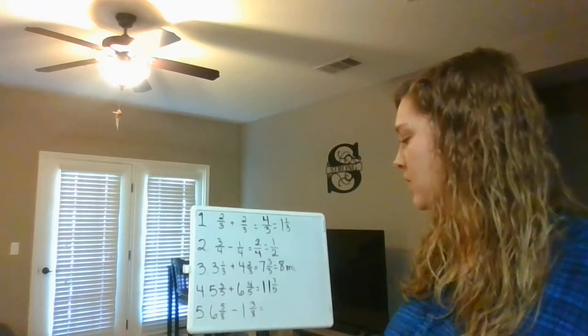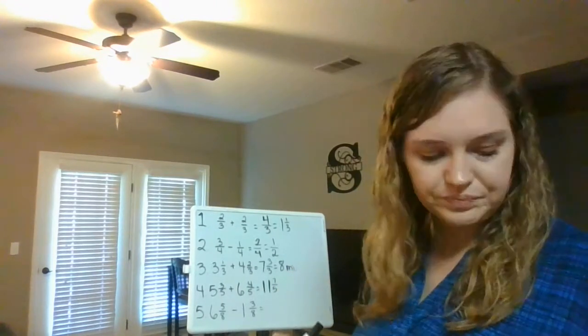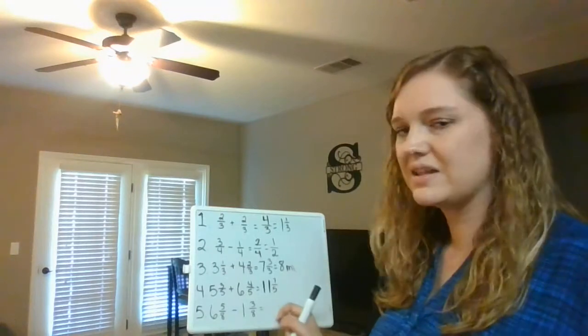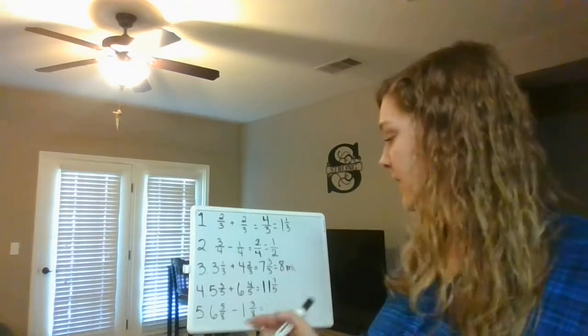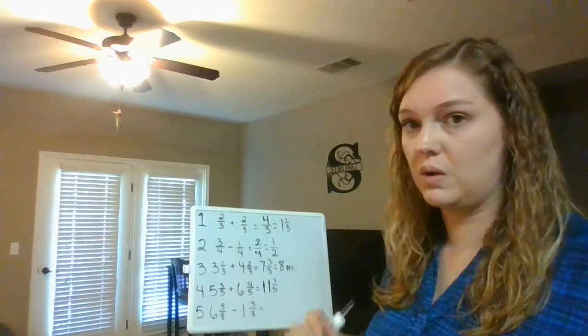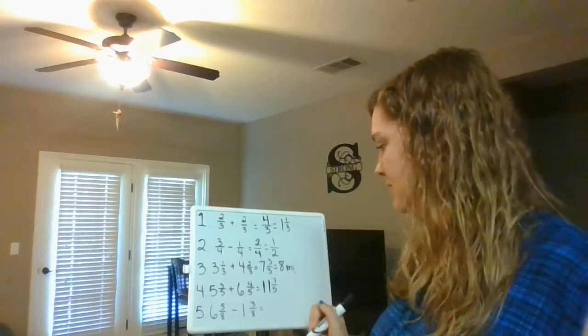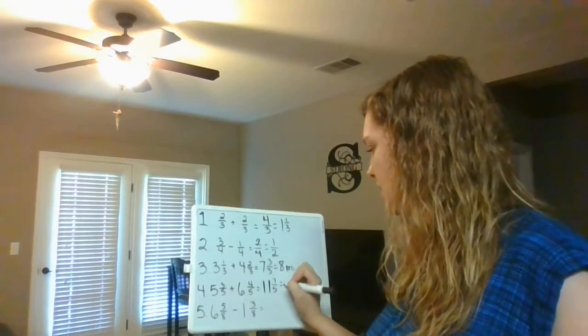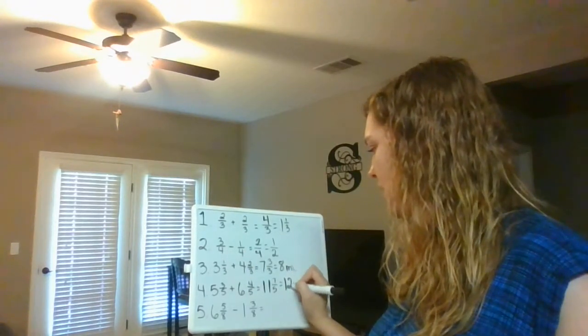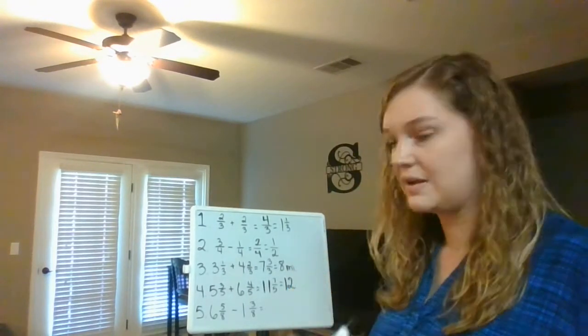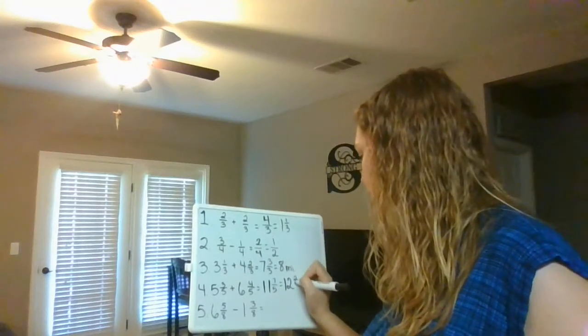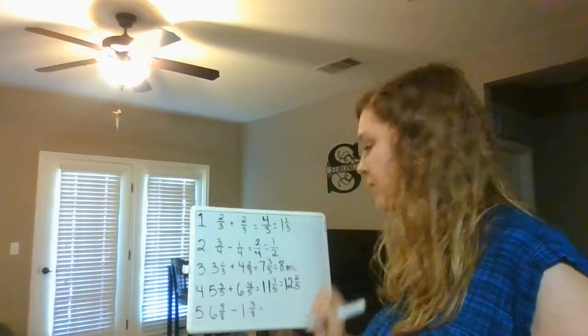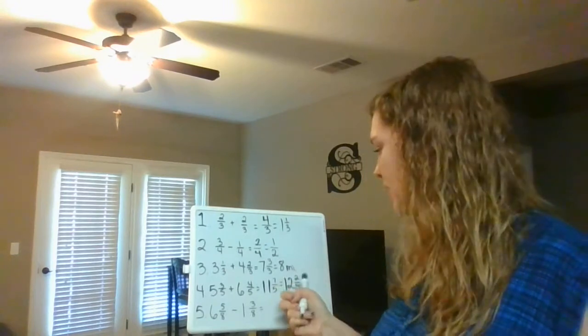Okay, so 11 and 7/5. 7/5 is more than 1 because 5/5 would be a whole. So our 5/5 can change. We can take away 5/5 from this and add that to our whole number to get 12. And then we had 2/5 left over. And there we go. 12 and 2/5.